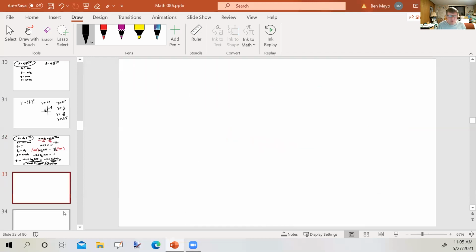This one says radioactive decay. In 2 years, 20% of a radioactive element decays. Find its half-life. So again, we're going to use this half-life formula. We know that the time is 2 years.